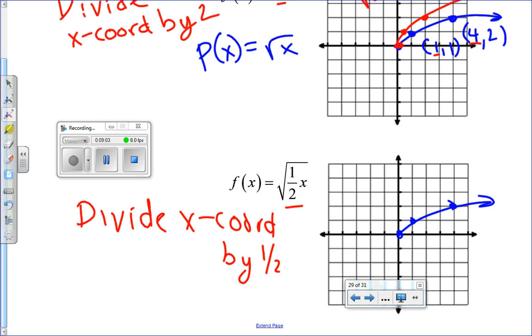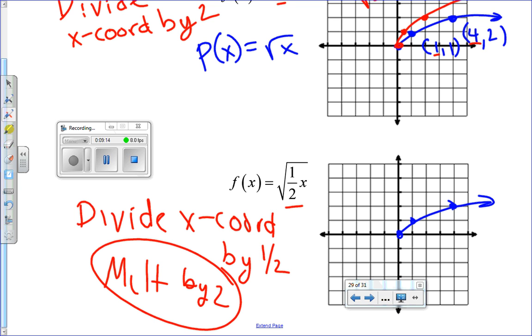An easier computation would be to multiply the x coordinates by 2. So once again, we'll take all the x coordinates times 2. That's going to stay at 0. This 1 becomes 2, and this 4 becomes 8. So it looks like a vertical shrink, but it's actually a horizontal stretch.